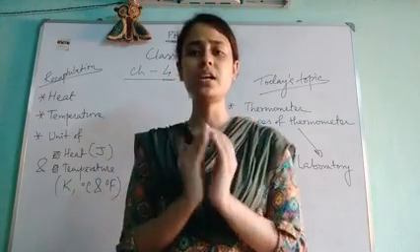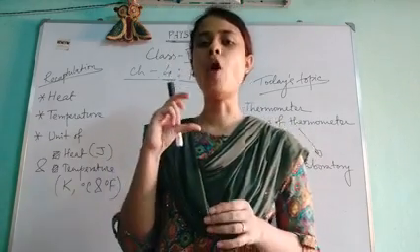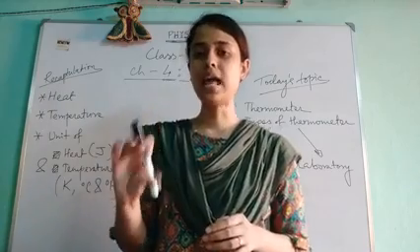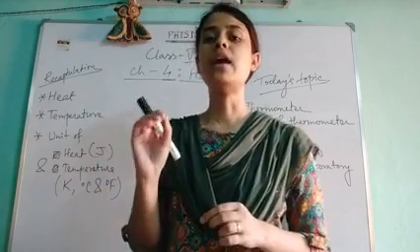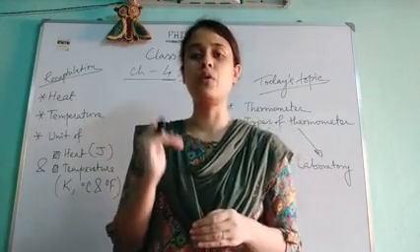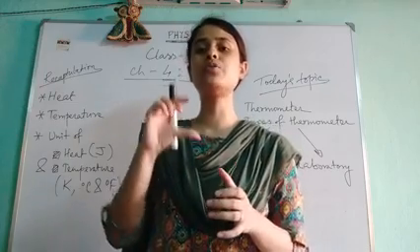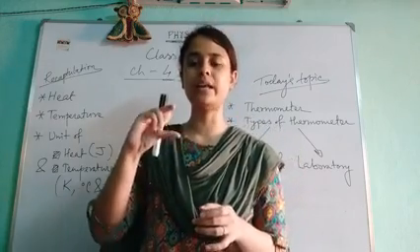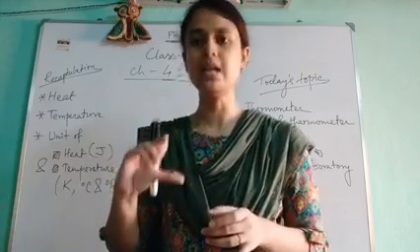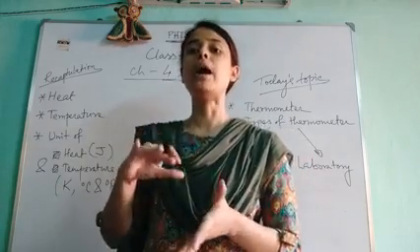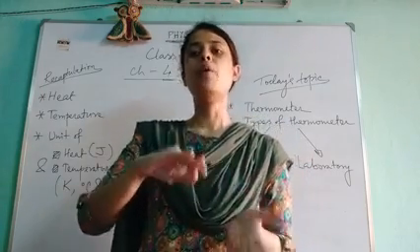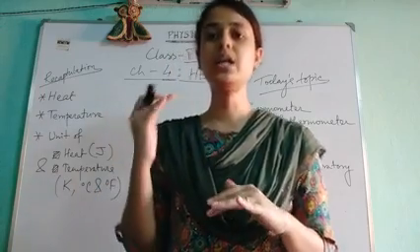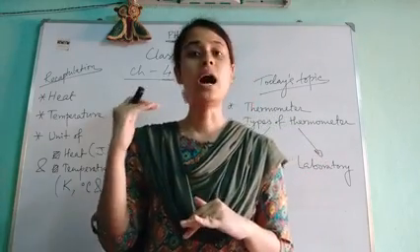Or suppose I give you one example: a cup of hot tea, when left for a longer time, what happens? It cools down. Why does it cool down? Because you have made the tea by boiling the water, so you have brought the temperature of the tea up to 100 degrees Celsius.